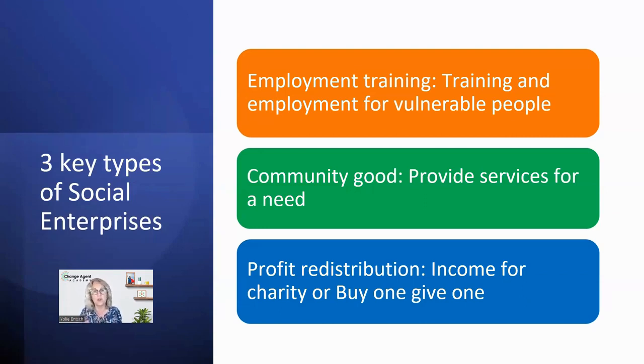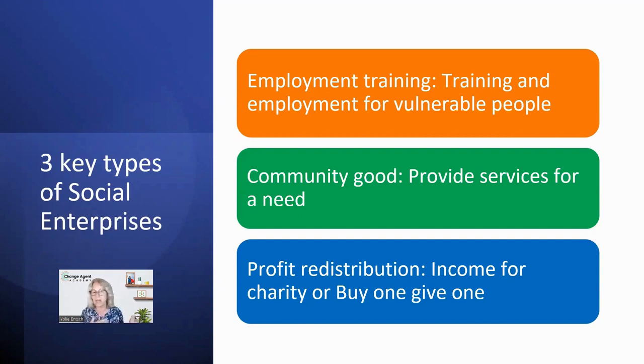Then the third type is profit redistribution. And this is where a social enterprise actually generates a profit, and most of that profit goes back into providing a service that makes a difference. For example, TradeMart. TradeMart provides its commercial product, and that is a wonderful, colorful shirt for tradies.